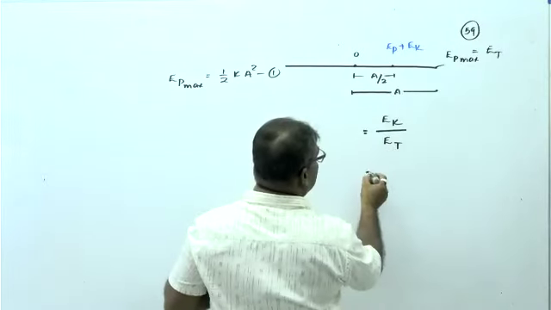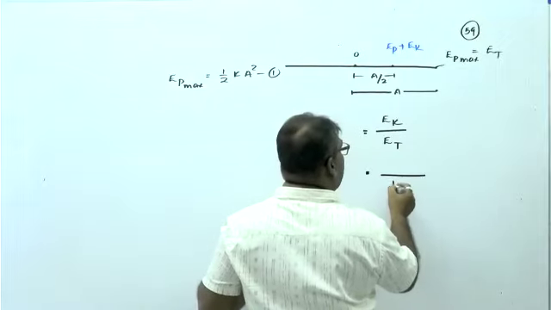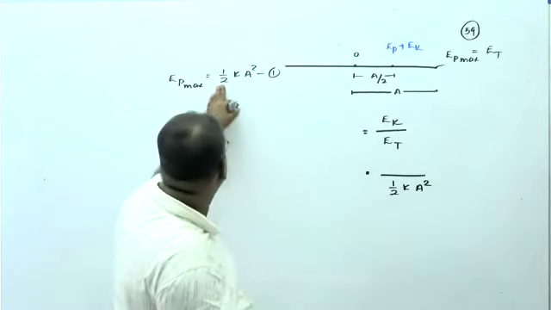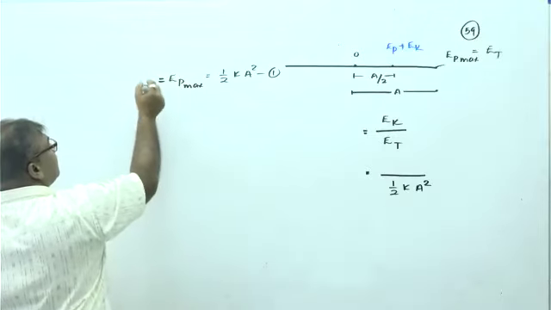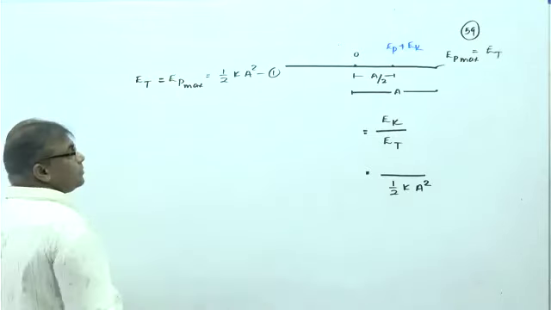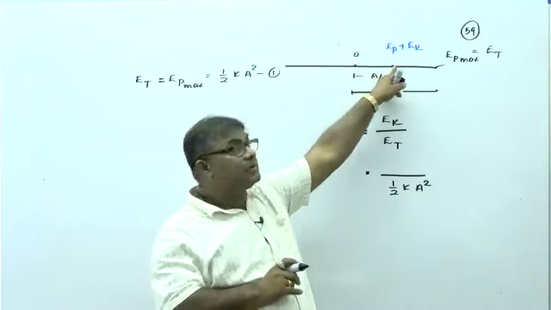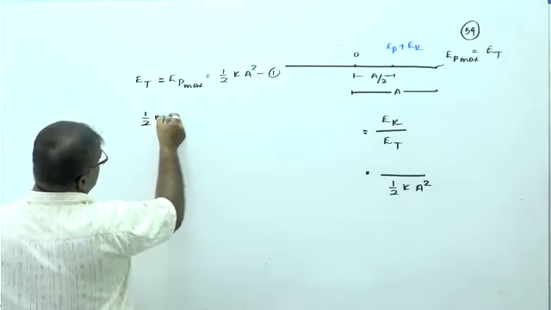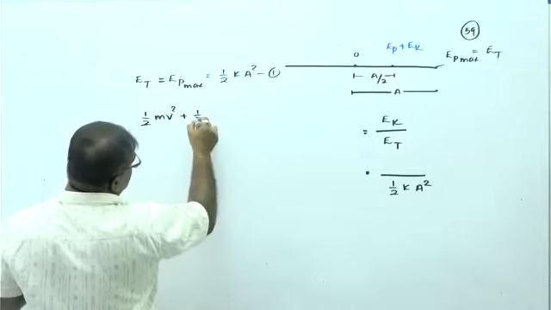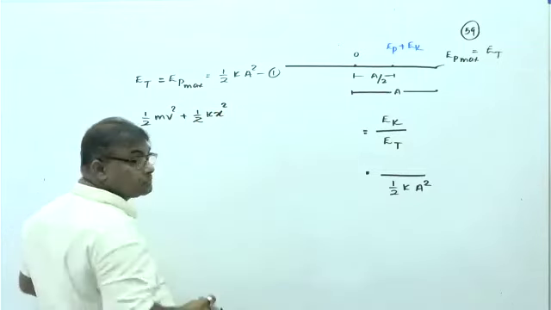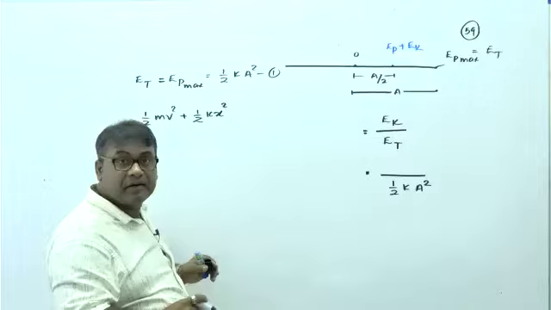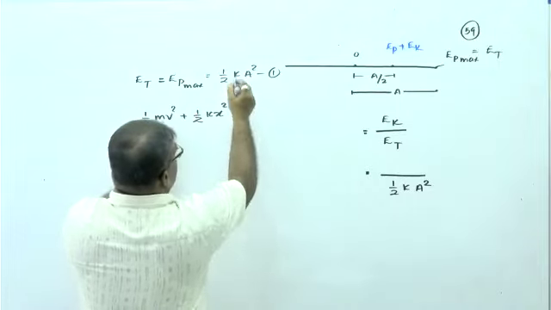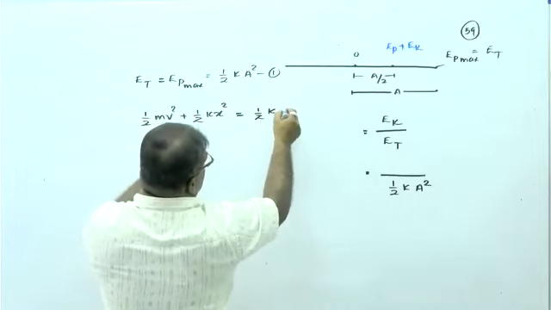Then total energy you can say is half k a squared, right? This is the total energy. Then we can equate this to E_T. At this position we have both half m v squared plus half k x squared, kinetic energy plus potential energy, right? And those two sum should be the same as half k a squared.